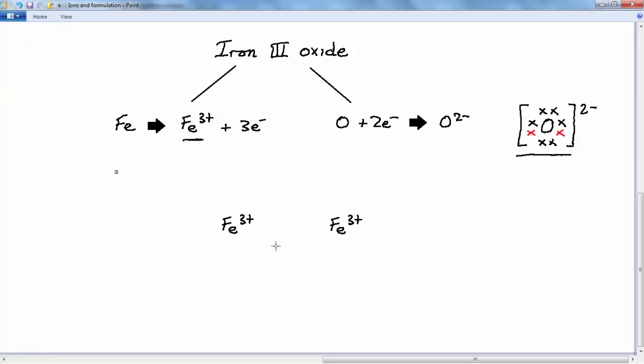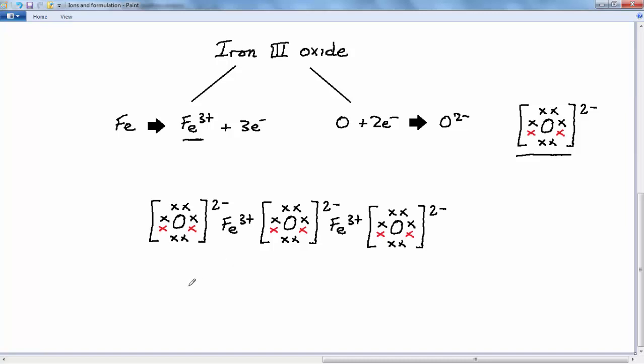That gives us a charge of +6, and as you've guessed, 3 O2- ions. And so we look at what we've got. We've got 2 iron ions here, so that's Fe2, and 3 oxygen ions here, so that's O3. So there we have the formula for iron 3 oxide, Fe2O3.